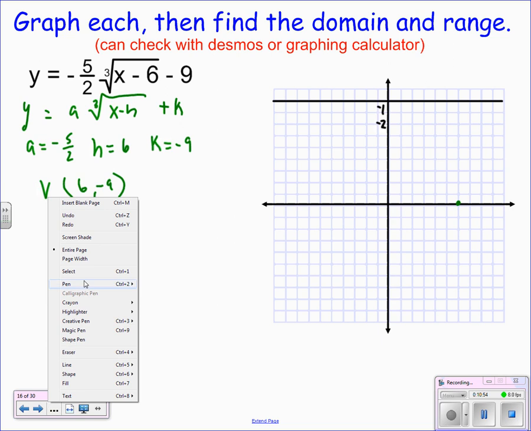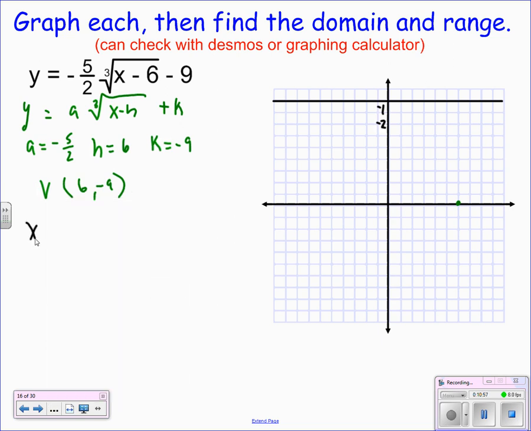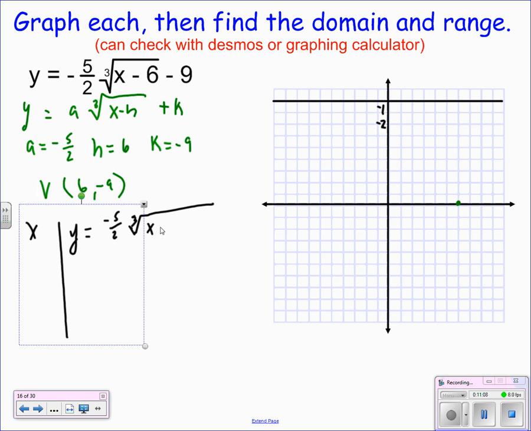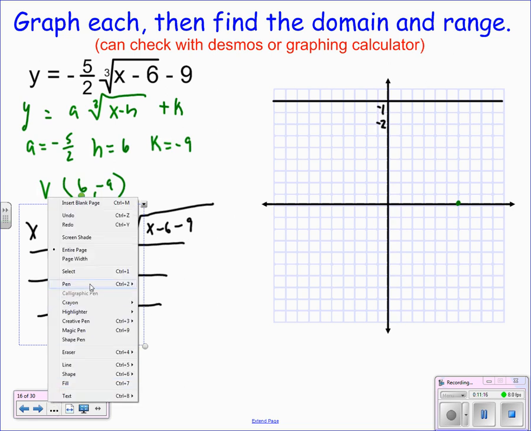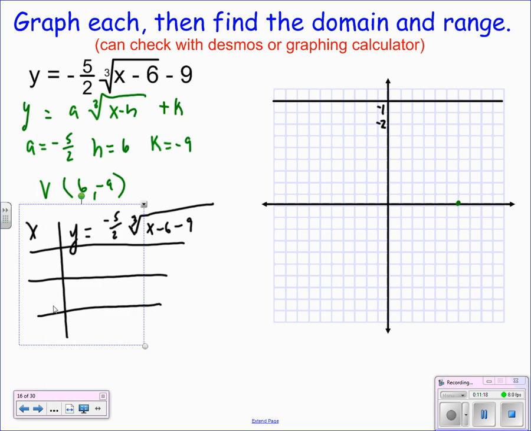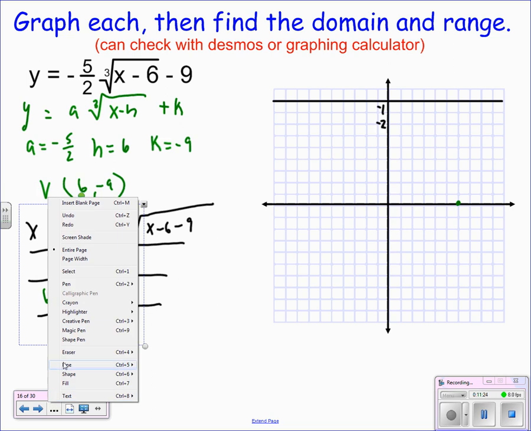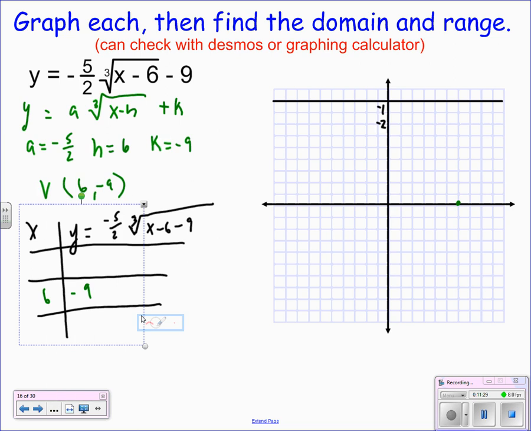Again, let's build a table. All we need is 3 values. Put the vertex in the middle. So (6, -9). 1 less than 6 is 5. 1 more is 7.